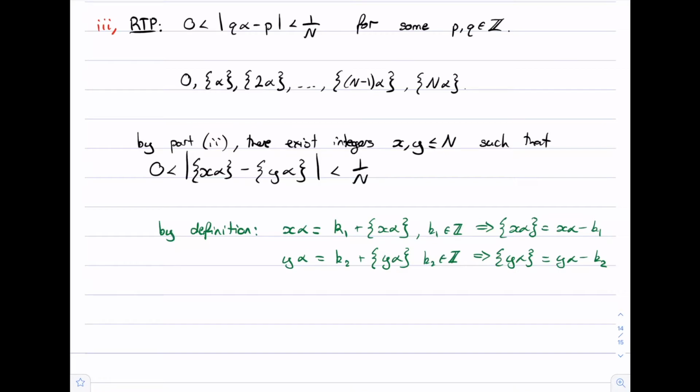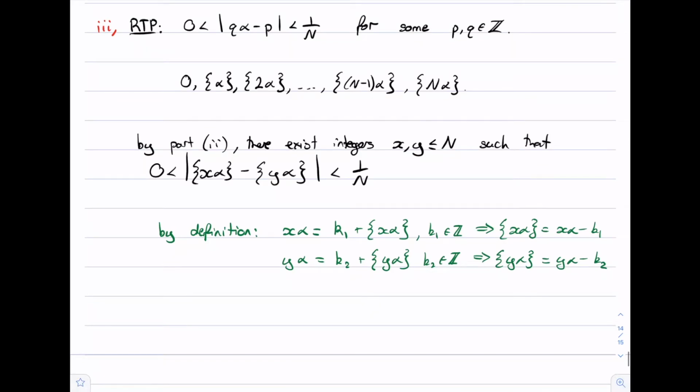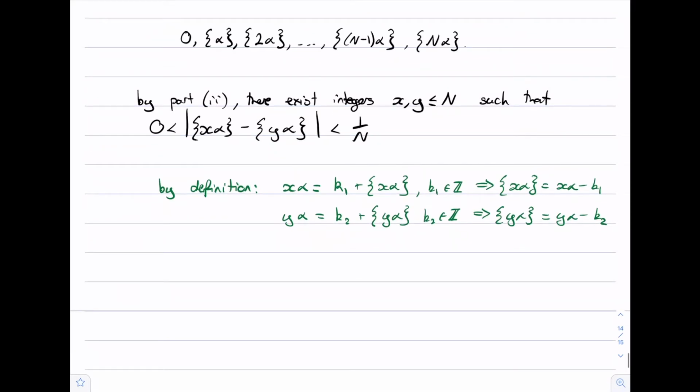Now I'm going to substitute these two results into these two ones, and that'll eliminate any curly brackets. Alright, so what do we have? This tells us that 0 is less than the absolute value of x alpha minus k1 minus y alpha minus k2, and that's less than 1 on n.